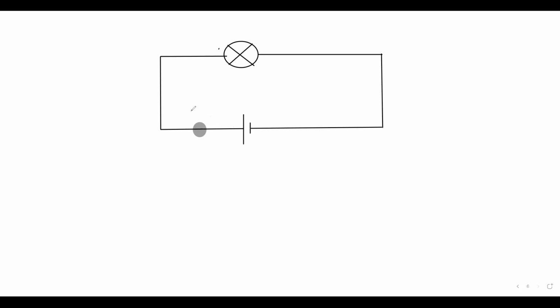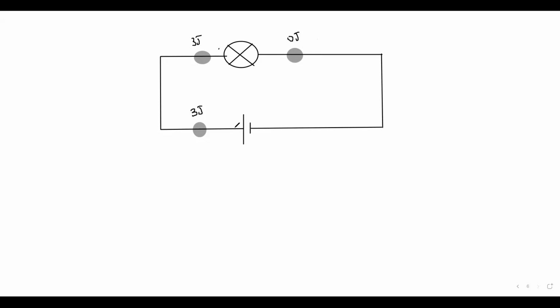So this charge will have energy, example 3 joules of energy, before entering this component. But when it passes through, it will have 0 joules of electrical energy. The kinetic energy will be there, but it does not have energy to transfer.